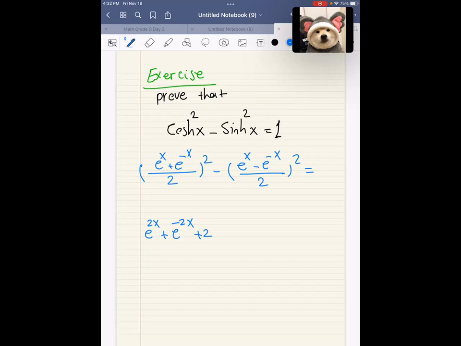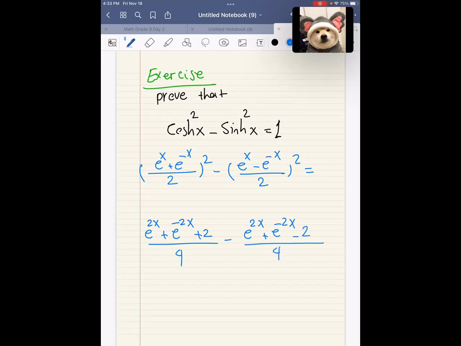So it's just plus 2 over 4 minus, so we do the same thing. But now we have e to the 2x plus e to the minus 2x, and minus 2 times e to the power x, e to the minus x, is minus 2 over 4.